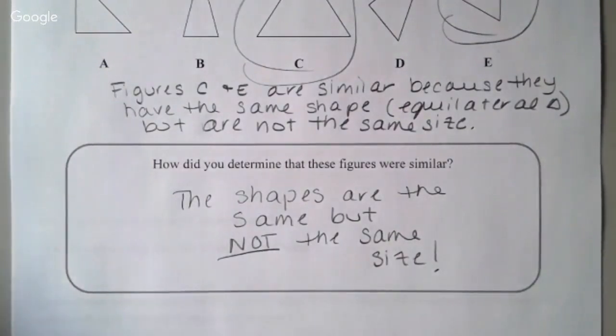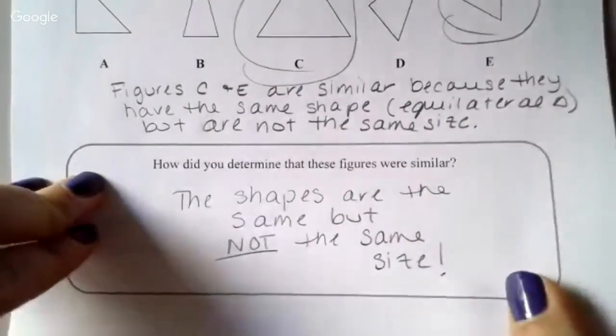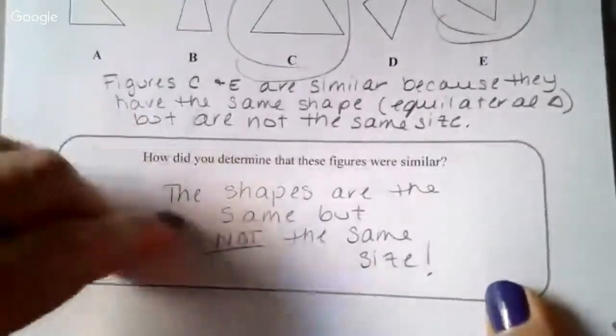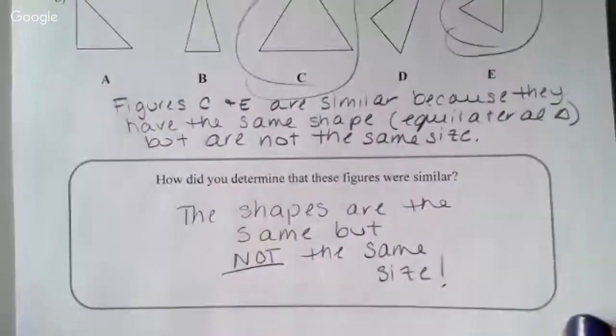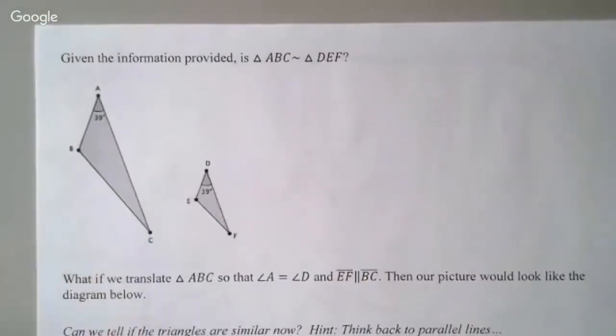It stayed the same shape. Shape was preserved. Angle measure was preserved, but the side lengths became proportionally larger or proportionally smaller. And remember, when that happens, that's called being similar. Sides are proportional, angles are the same. It's congruent when everything is the same. Okay? So now we move on to the angle-angle criterion, which is why this works.